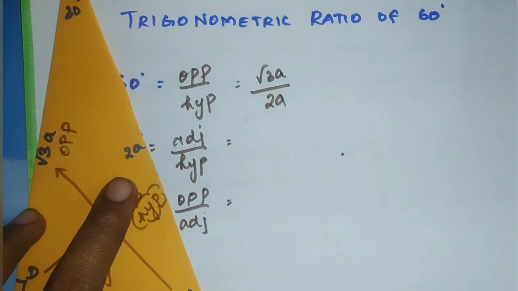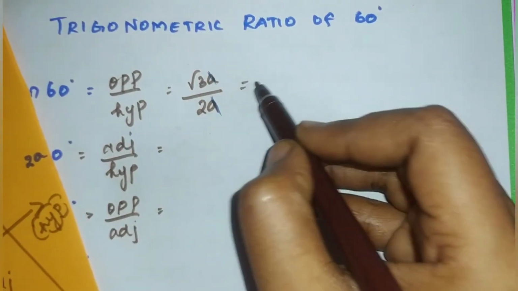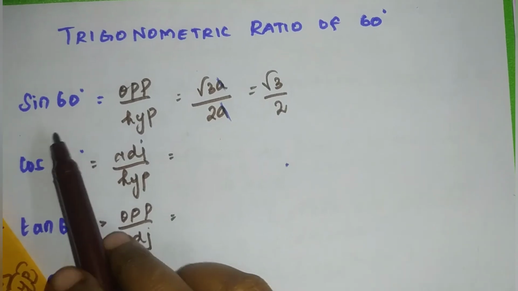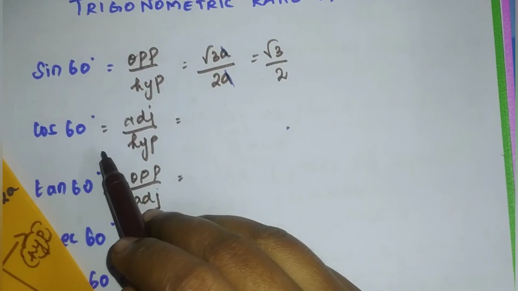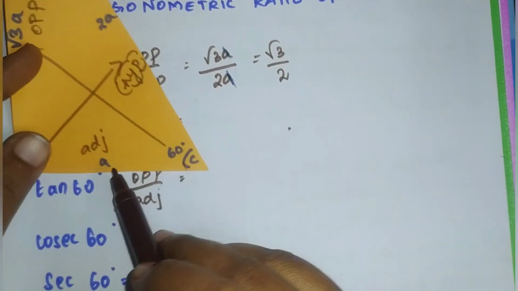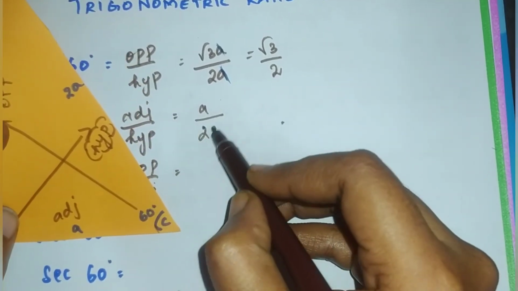So write root 3A divided by hypotenuse 2A. Here now we can cancel A, so there is root 3 by 2. So sine 60 degree is equal to root 3 by 2. Next, cos 60 degree, that is adjacent by hypotenuse. Which one is adjacent? A divided by hypotenuse 2A.